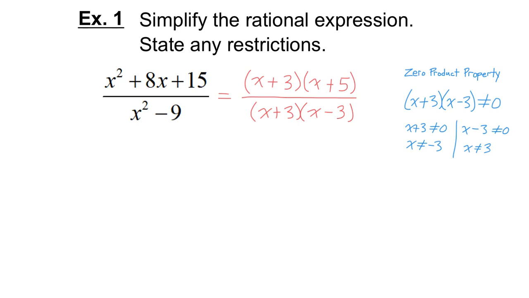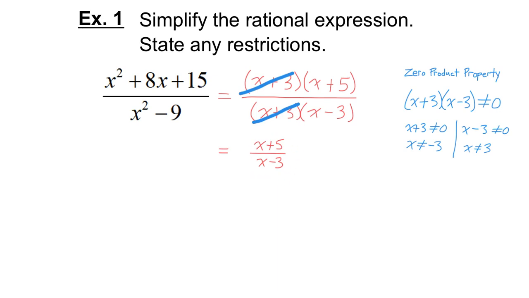But let's just keep going because we haven't really simplified the expression yet fully. Notice this. The numerator and the denominator both have x plus 3 as a factor, which means they can cancel each other out. And then I'm simplifying my expression to just x plus 5 over x minus 3.